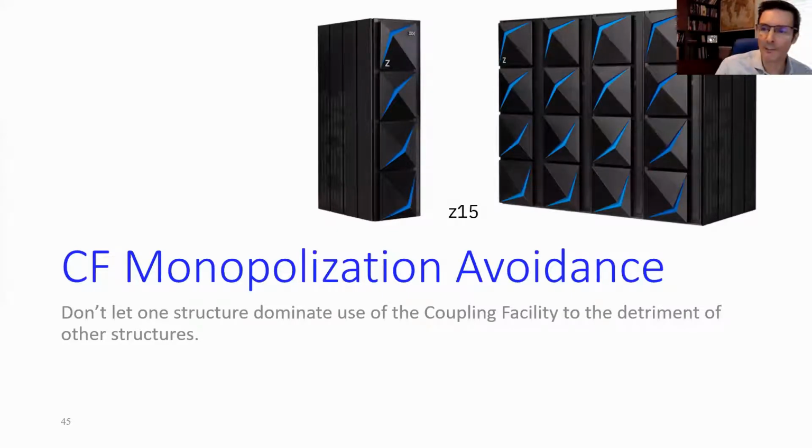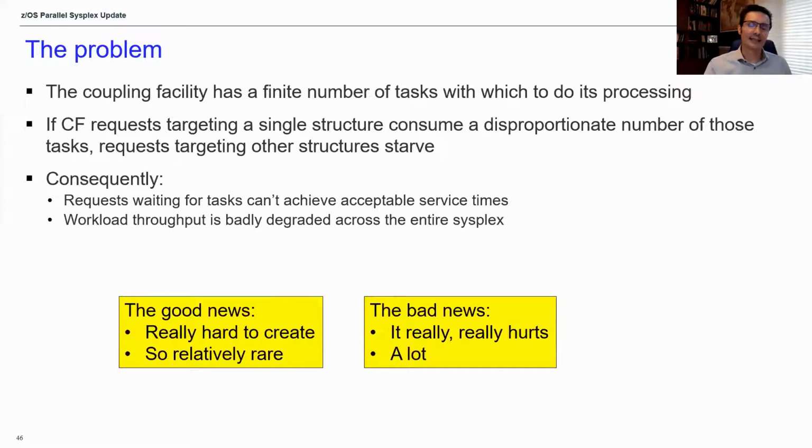And now the big one that was just introduced in GA 1.5 is this idea of CF monopolization avoidance. The idea is that a coupling facility has a finite number of tasks which do its processing.